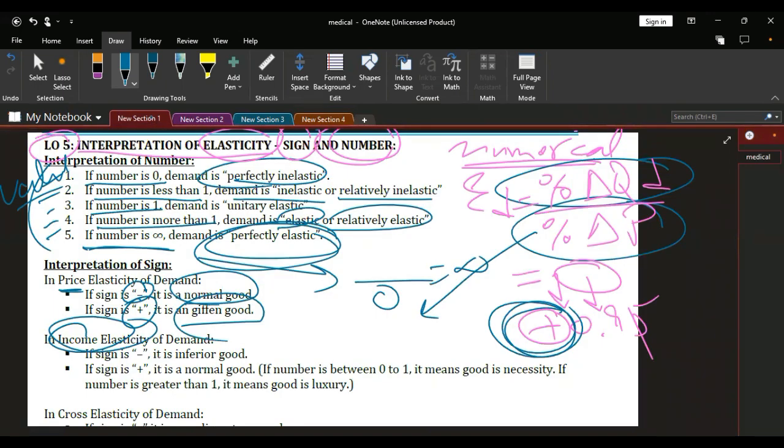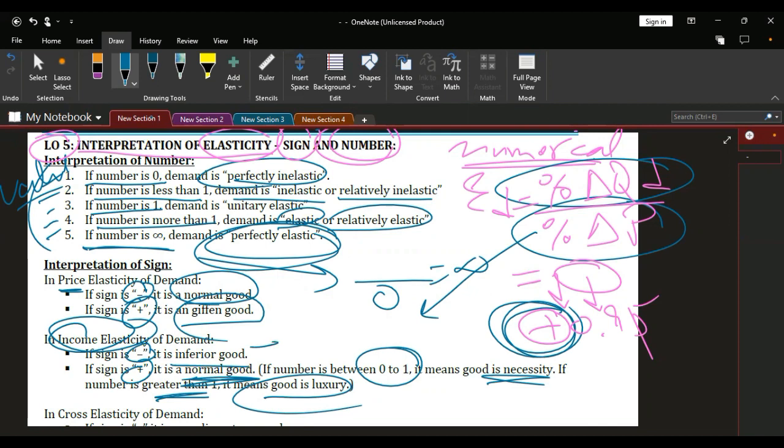A positive answer shows normal goods, whereas if the number is between 0 and 1, it means the good is a necessity, or if the number is greater than 1, it means the good is a luxury item. And similarly, if you got a negative answer, it means an inferior good, because inferior goods have a negative relationship with demand.